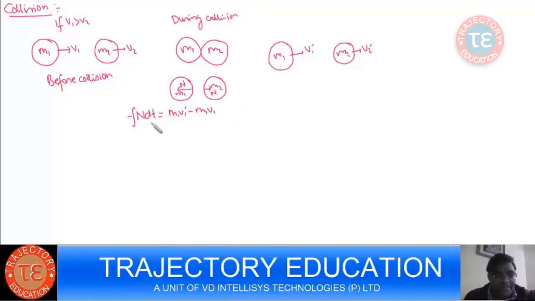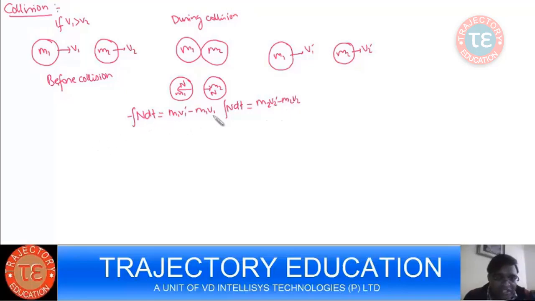This is impulse. Impulse is change in momentum. When N acts for a small time, it creates an impulse, a change in momentum. Whereas N dt acting on m2, N acts towards right, so I have taken it as positive. So that should be equal to m2 v2 dash minus m2 v2.